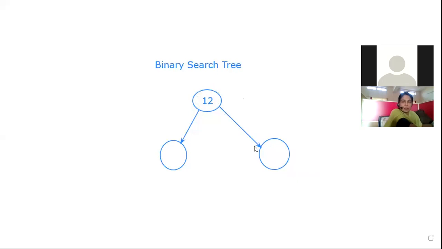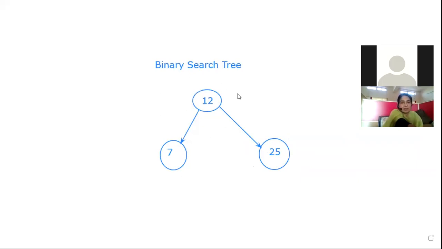Okay. So I have an element called 12 here. So I have one more element. I'm having 7 here. And I have one more element. It is 25. Okay. So you can see like this.